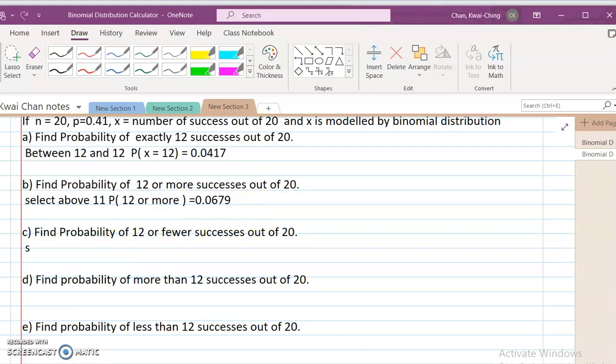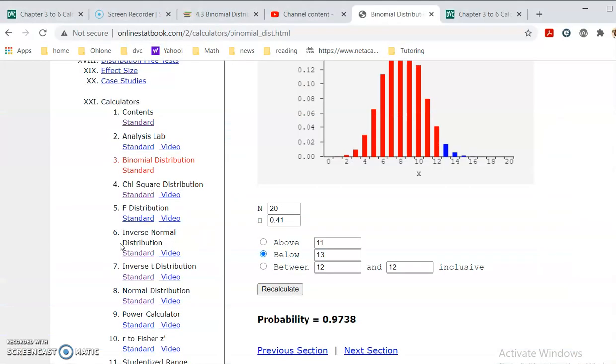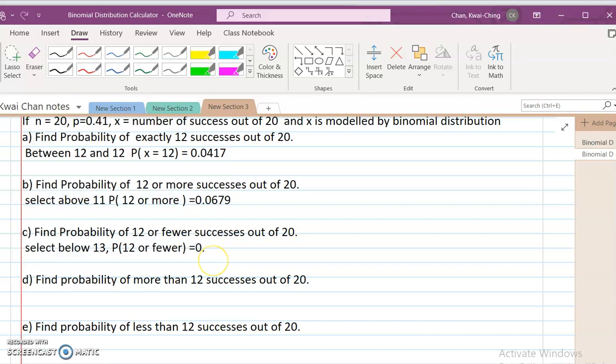So you would select below 13, and it will be 12 or fewer. After you recalculate, the answer is 0.9739. Okay, so they round everything for you also.